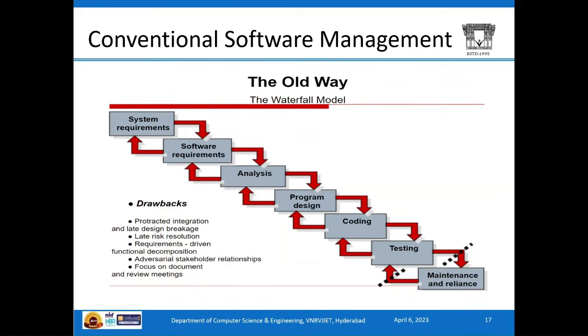But there are some drawbacks in this waterfall model which should be improved, like protracted integration, which is a delay in the integration, late risk resolution as the risks are identified at the final stage after the development, requirement driven functional decomposition where the requirements should be finalized in the initial stage itself, adversarial stakeholder relationships, like the stakeholders may have some oppositions in the development, and less focus on the documents and the review meetings.